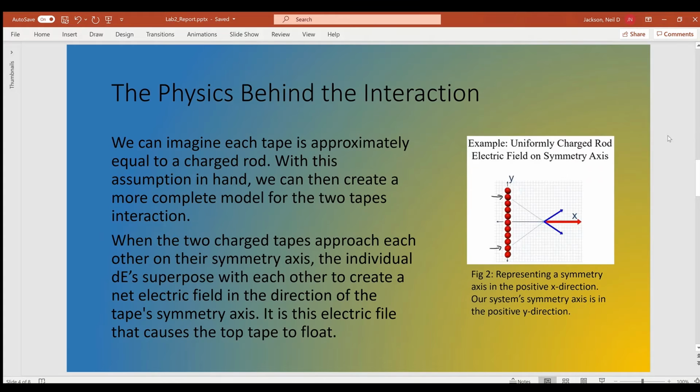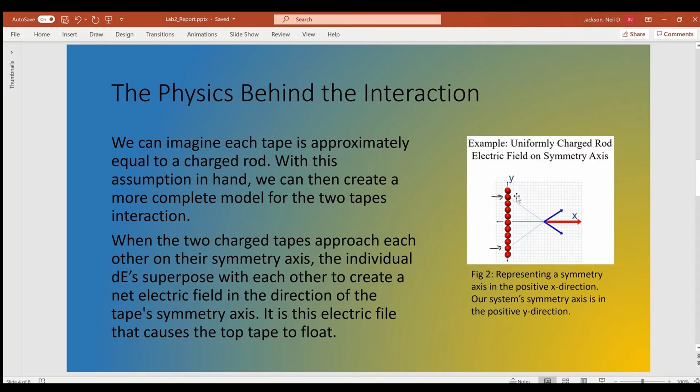So before I jump into the results and the coding and whatnot, a quick little lesson behind what in the world is going on with the lab. So we're imagining that these two pieces of tape are approximately equivalent to a charged rod, which we talked about in class. And we can split that charged rod into multiple different point charges, right?